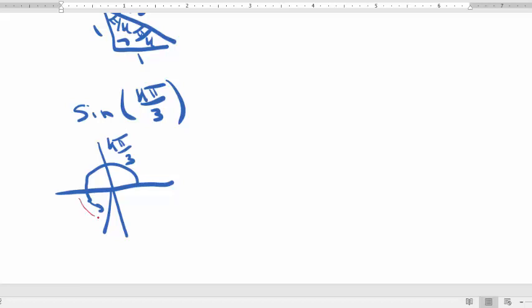This ended up being our theta bar, and our theta bar ended up being 4 pi over 3 minus pi, which ended up being pi over 3. So what ends up happening is when our angle has a denominator of 3, our reference angle always ended up being pi over 3. So that was a nice little trick that you can remember that'll help and that'll be useful moving forward.